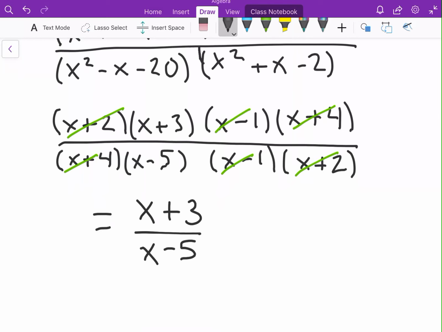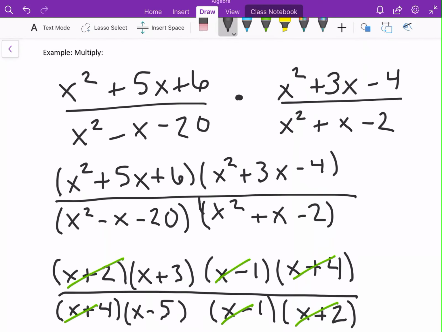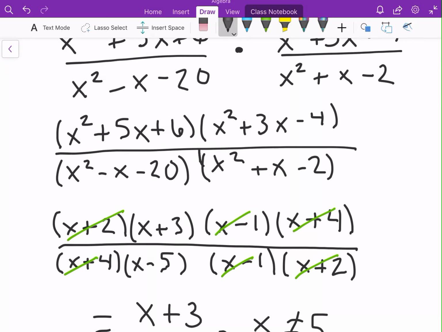So, for this, x cannot equal a positive 5. But we need to go back and look at the original problem because there are some other values x cannot equal. If we go back to our original problem, there are some other factors of x, once we factored, that also appear inside of the denominator.